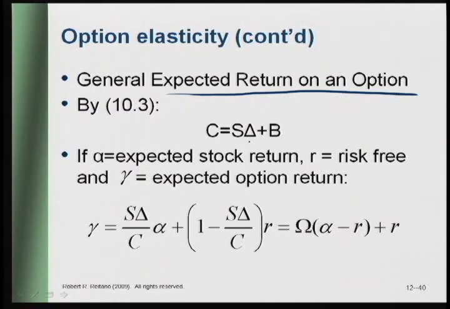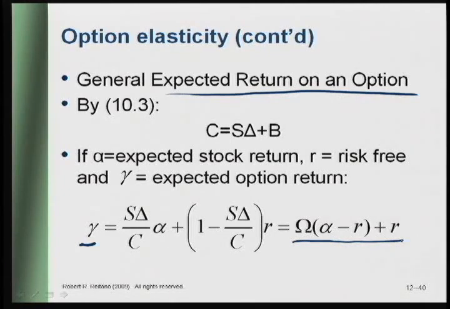So if alpha is the expected return on the stock, R is the risk-free rate, and gamma is the expected option return, we can express the formula we had before in terms of the option's elasticity. It says that gamma, the return on the option, which could be thought of as a weighted average of alpha and R. That was what we did in the earlier module. We can also do the algebra here to express it this way.